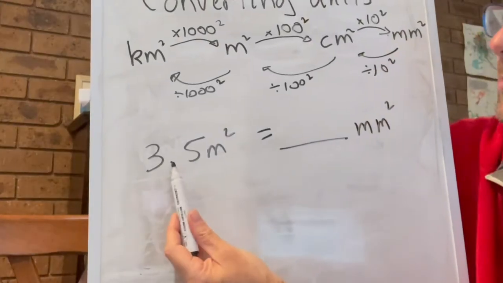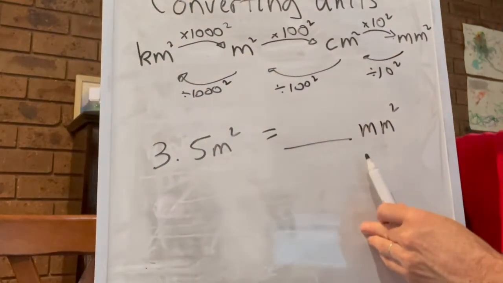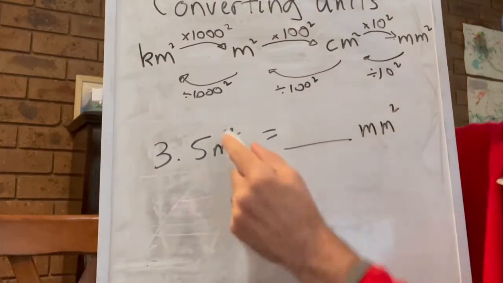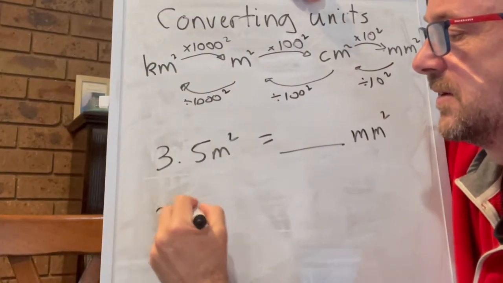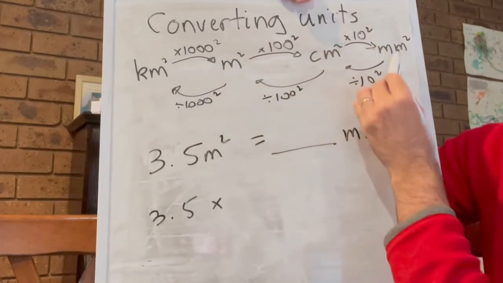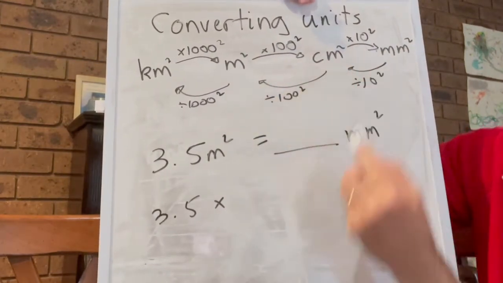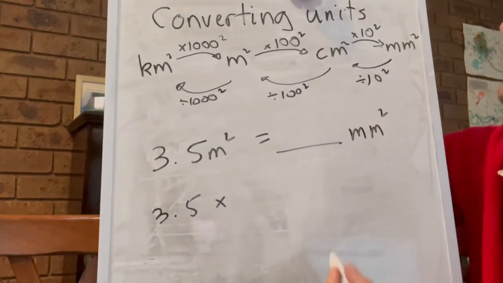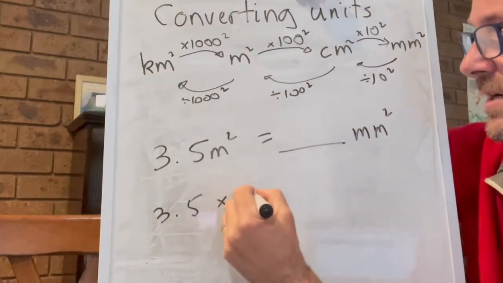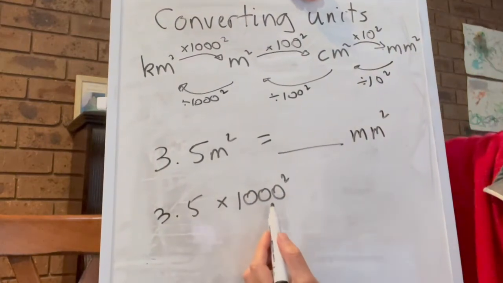Okay, so we're given 3.5 metres squared, and we are asked to convert it to millimetres squared. So this becomes 3.5 times by, and we're going from metres squared to millimetres squared, so it's 100 squared times 10 squared. So that's going to give us 10 times 100 is 1,000 squared. So 3.5 times 1,000 squared.